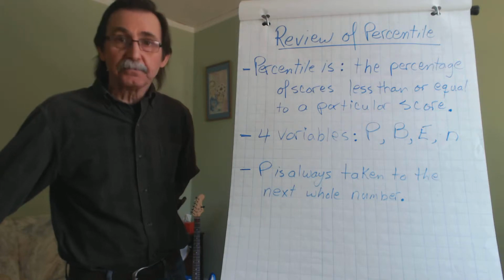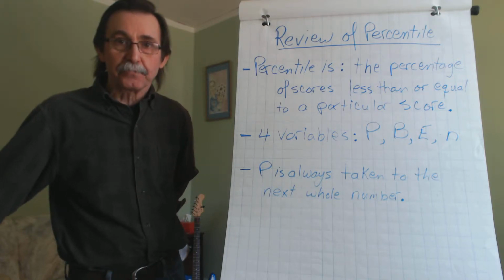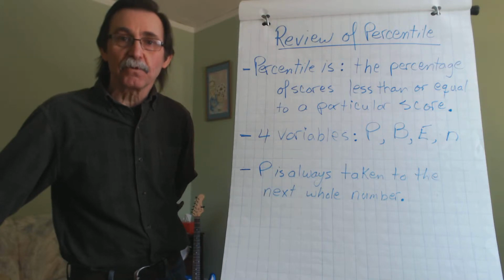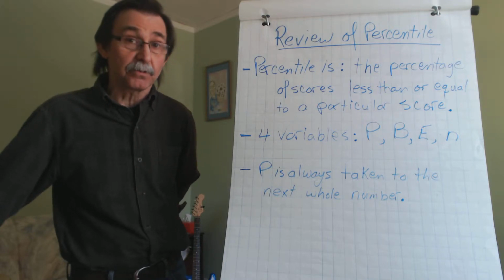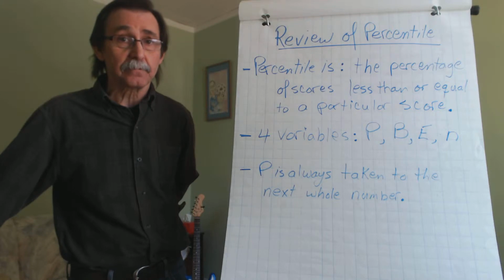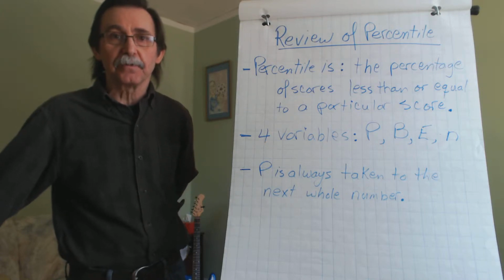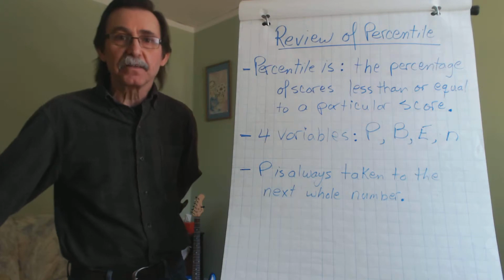So percentile, obviously it sounds like something we sort of know already. We're used to the word percent, and you know that the number 100 is obviously an integral part of the concept. It's the same with percentile.